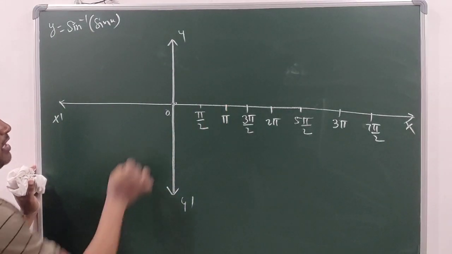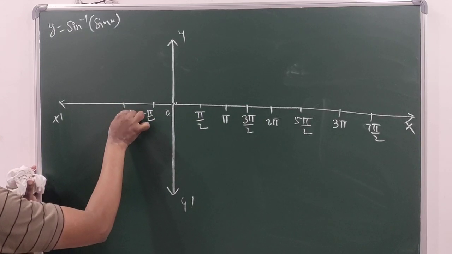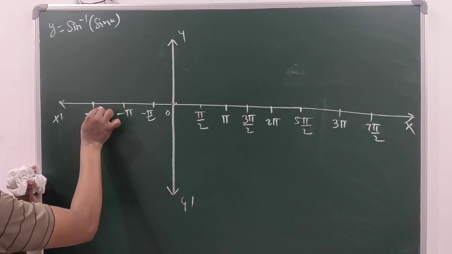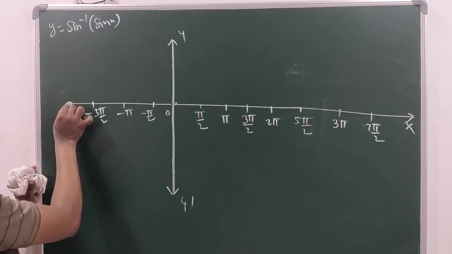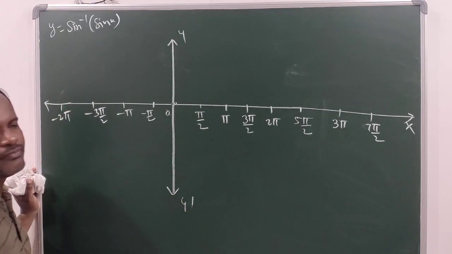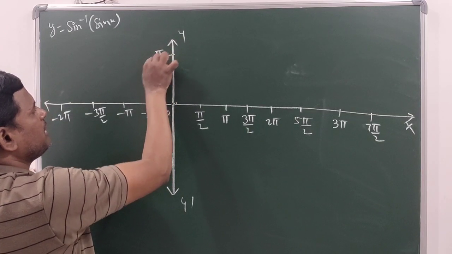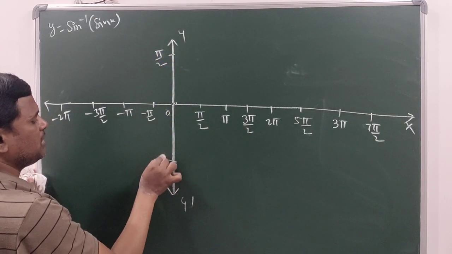Okay, on the left side minus pi by 2, and here it is minus pi, and here it is minus 3 pi by 2, and here it is minus 2 pi, and so on. On the y-axis, here it is minus pi by 2, here it is plus pi by 2.